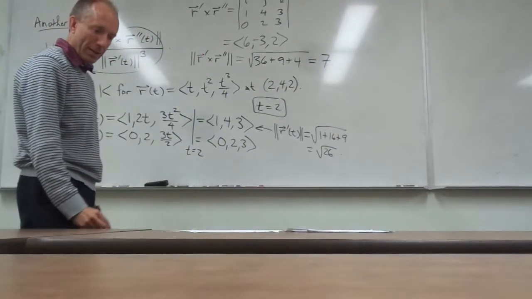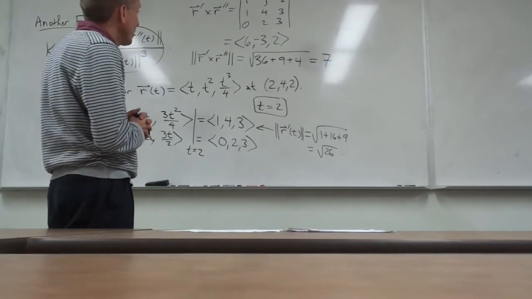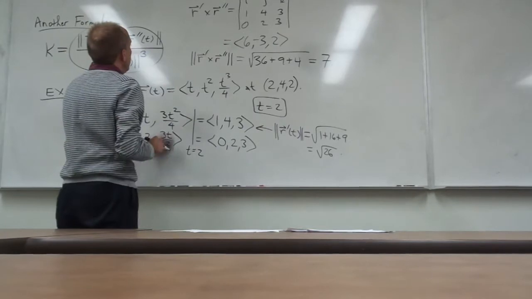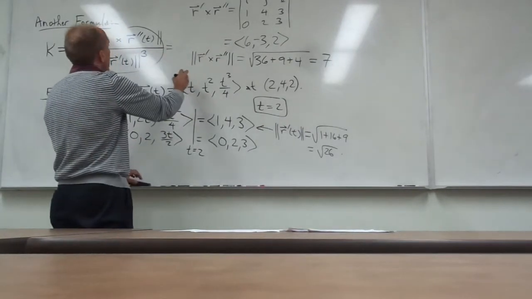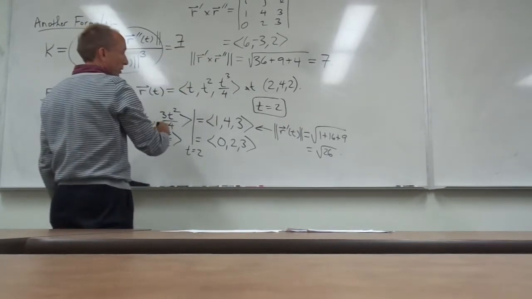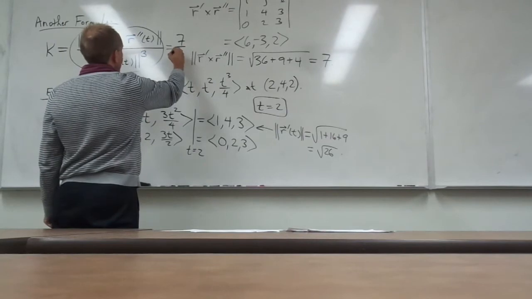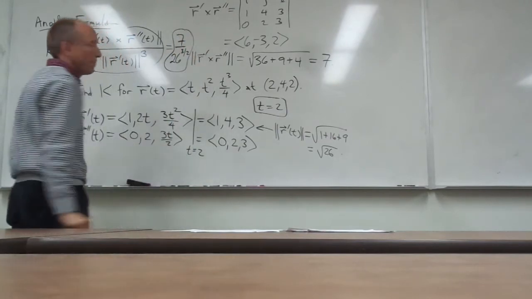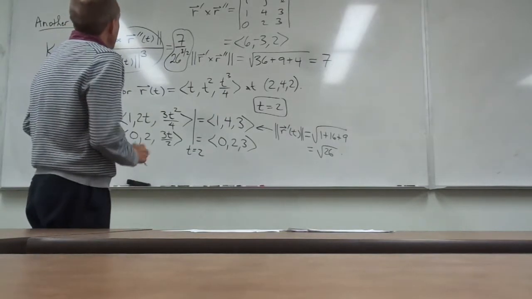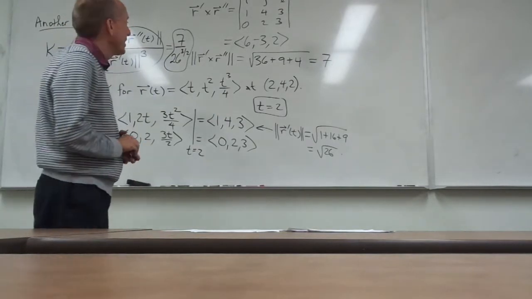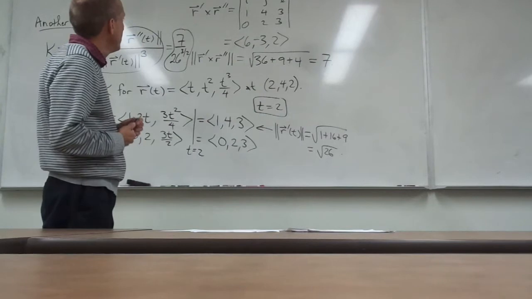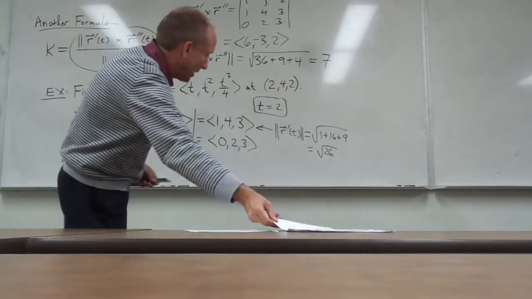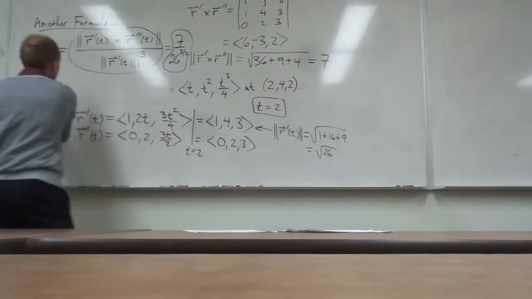And so for my final answer, I've got 7 over the square root of 26 cubed. So in other words, 26 to the 3/2 power. All right? Pretty easy to calculate using this formula. Okay? Lastly, one last thing.